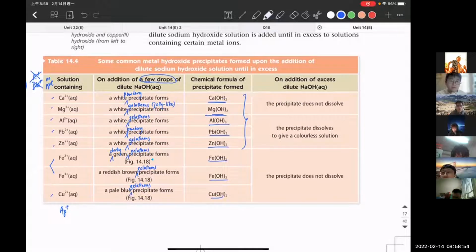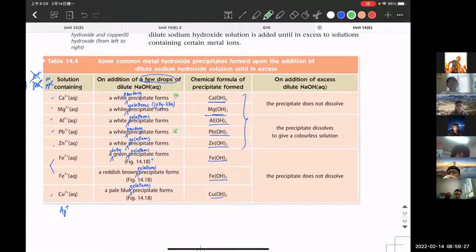But somebody may think this way: Mr. Chin, if I take a look at whether it's powdery or jelly-like, I can further split into 2 groups. Yes, that's right. But you still cannot distinguish, for example, calcium and lead-2 ion, since both are powdery. How would you further distinguish which is which?